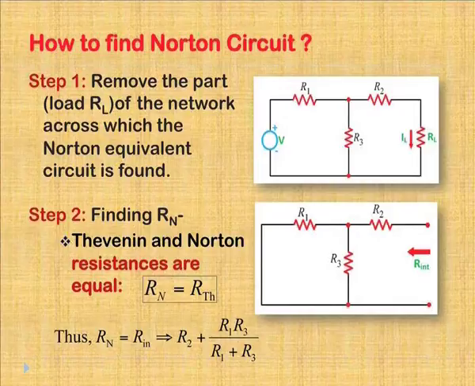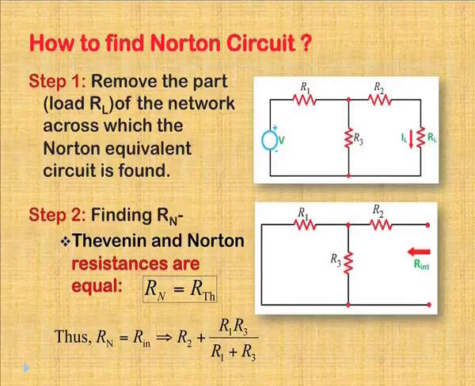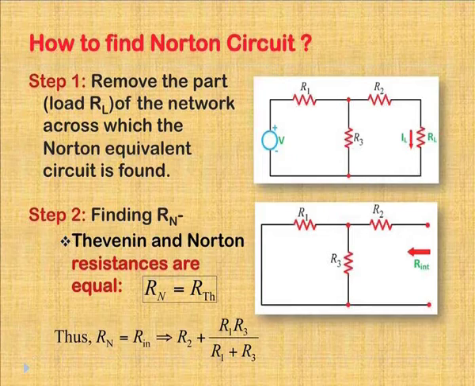Here we short the voltage source, and the resistance across the terminals A and B looking from these terminals is RN. So, here we get RN as R2 plus the parallel combination of R1 and R3, as we got in the Thevenin theorem. So, we can see that RN is equal to RTH.